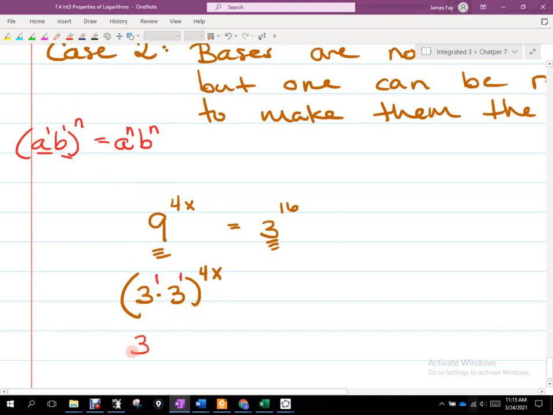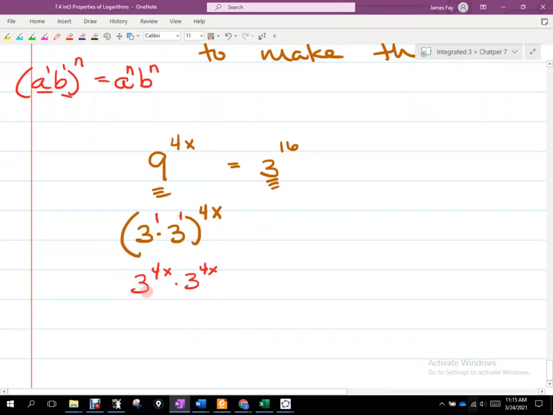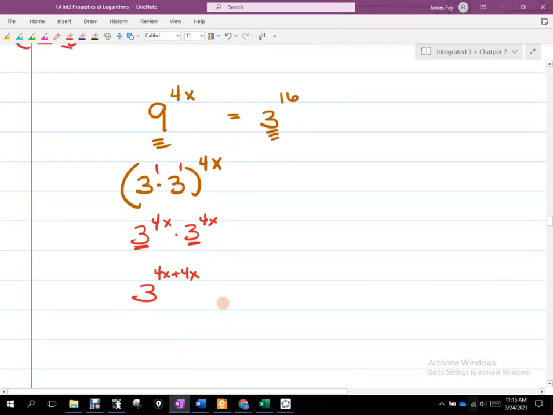So I can rewrite this as 3 to the 4x times 3 to the 4x, right? What do I do with exponents when I have bases the same and I'm multiplying? I add them. So this becomes 3 to the 4x plus 4x, which is the same as 3 to the 8x.